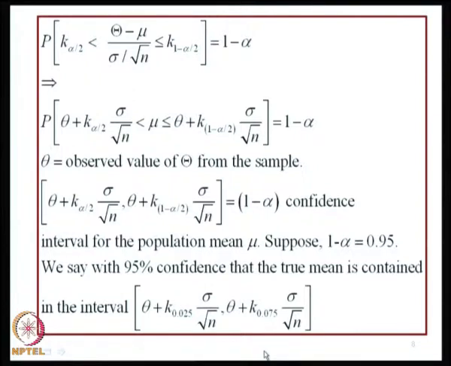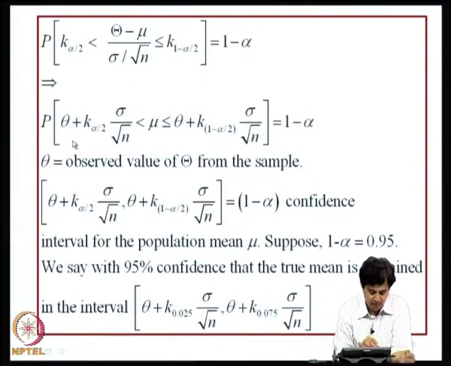So, we have now the statement: probability that theta minus mu divided by sigma divided by square root n lying between k alpha by 2 and k 1 minus alpha by 2 is 1 minus alpha. Now, I can rearrange these terms and write this as the probability that the interval theta plus k alpha by 2 sigma by square root n and theta plus k 1 minus alpha by 2 sigma by square root n contains the mean is 1 minus alpha.